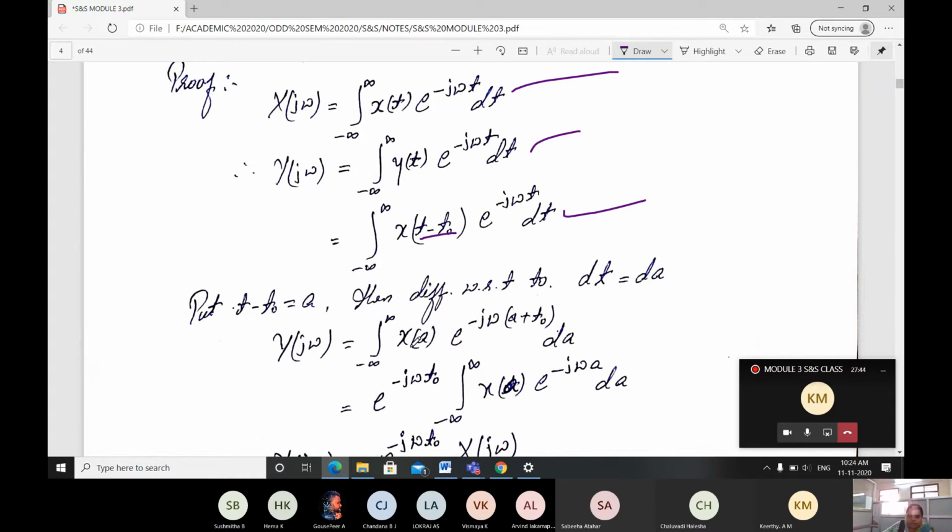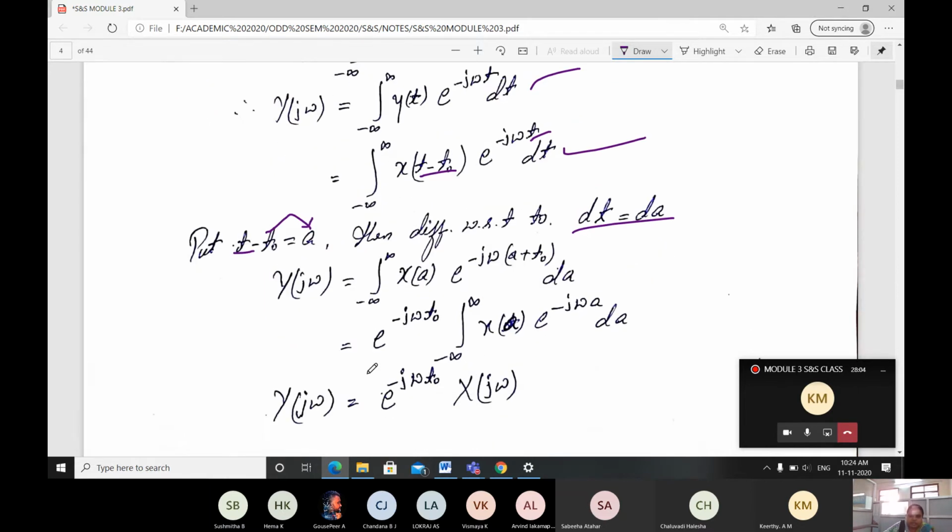So x of a e raised to minus j omega. Instead of writing t, keep t here and shift t naught to this side, meaning a plus t naught, dt. Instead of dt, it is going to be da. Then what is the constant value here?